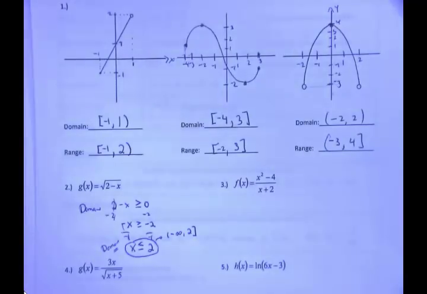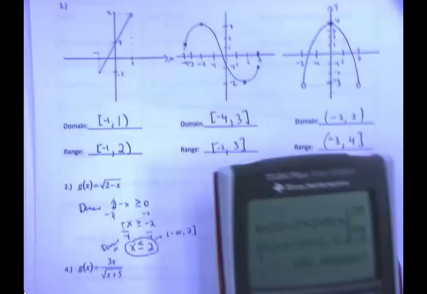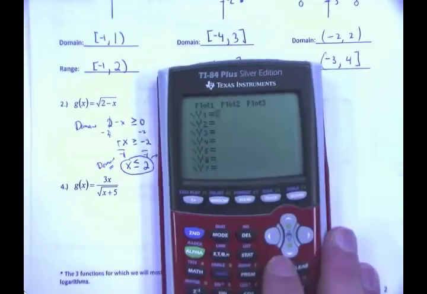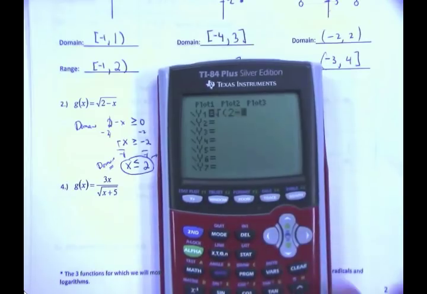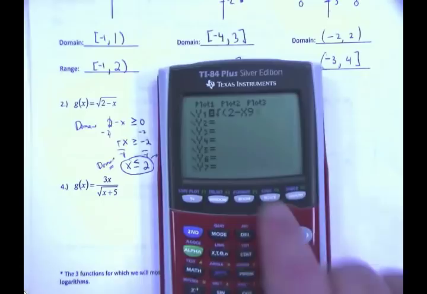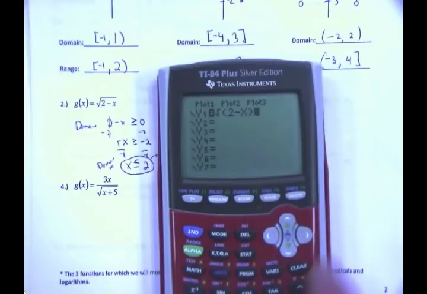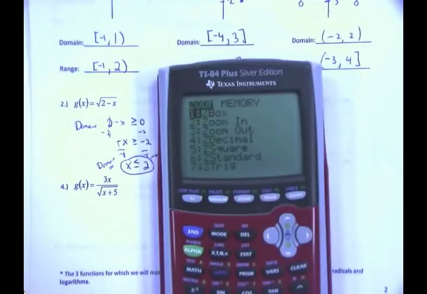Well, let's do the first one. Let's graph that guy. This was y equals the square root of 2 minus x. I'm just going to do a zoom 6 on it.